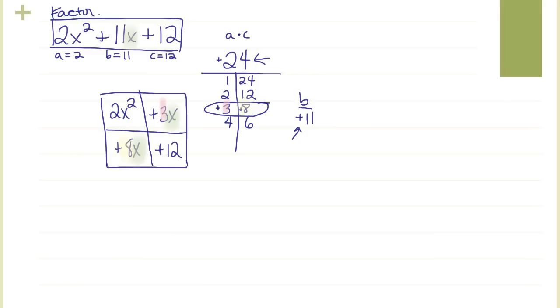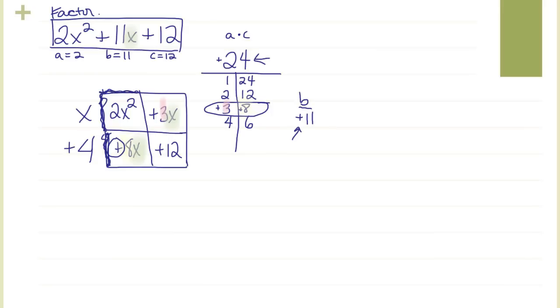Now we're just going to factor out what they have in common, the opposite of what we did before. So what do the 2x squared and the 3x have in common? Just an x. What do the 8x and the 12 have in common? They share a 4. The sign we're always going to get from here. Now I'm going to move on to columns.